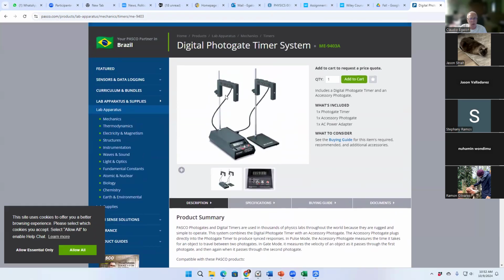When an object crosses this beam, so here you go. You have a light beam being emitted from here to here. Okay? When the detector receives the light from the LED, it doesn't do anything. The moment you put your hand or an object in between those two objects, the LED and the detector, it starts to time.